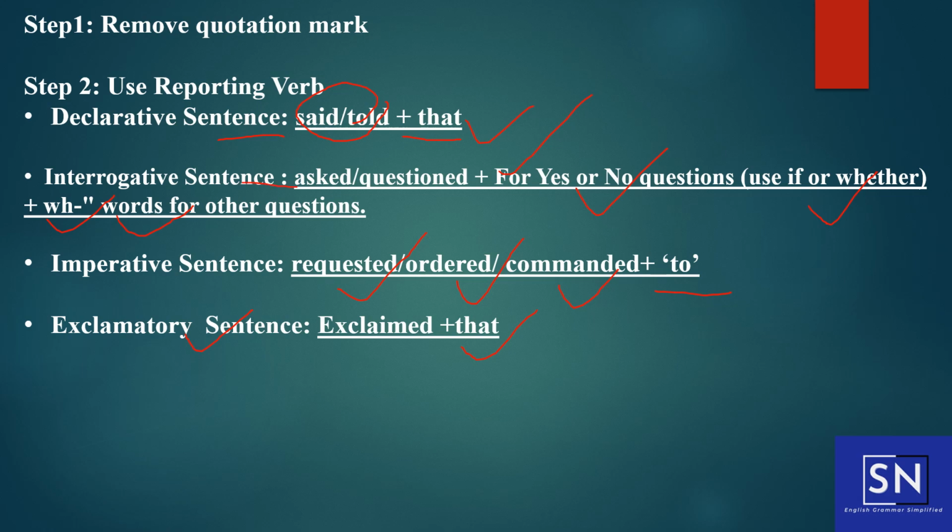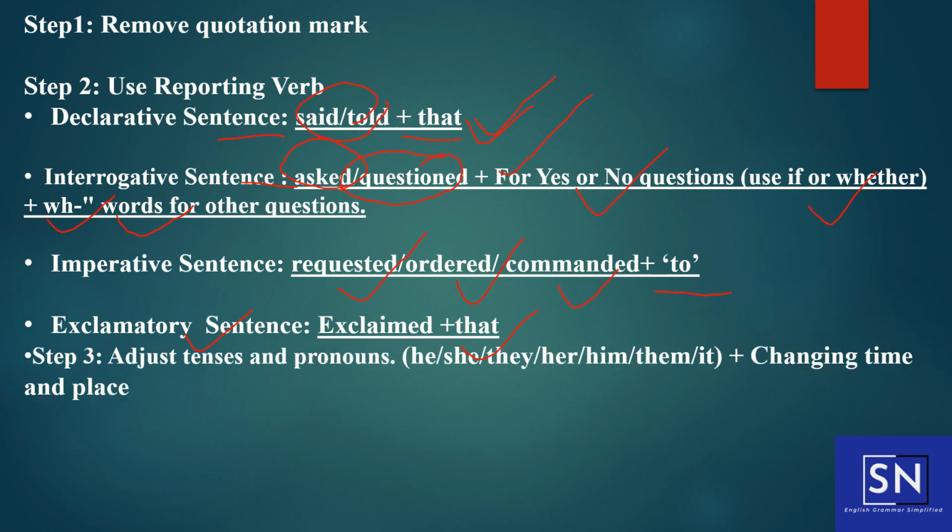But for an interrogative sentence, the reporting verb is asked or questioned, and with this, you're not supposed to use that. Only for declarative or assertive sentences and exclamatory sentences, you're going to use the conjunction that.